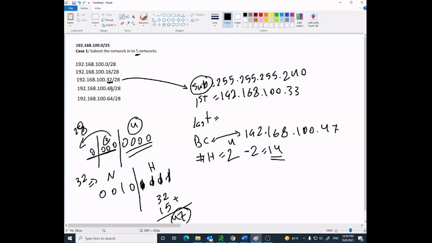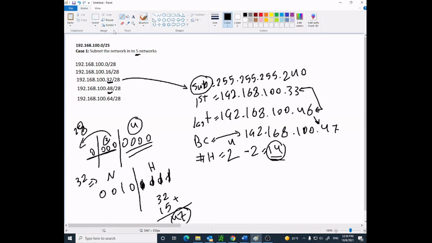Now, if you look here, I got 48, so just subtract 1 from it, you get the broadcast here. Now, the last available IP address is going to be 192.168.100.46. Again, whatever the broadcast, you subtract 1 from it. And if you count the number of hosts you can have between 33 and 46, you will get 14 different devices. And this will be the end of the first case.